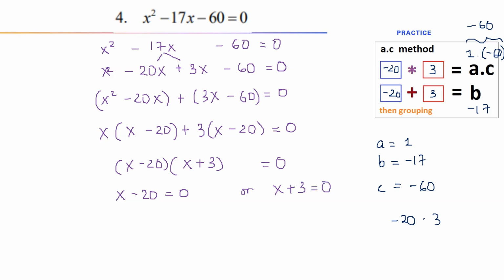Add 20 both sides to isolate x, x equals 20, or x plus 3 equals 0, minus 3 both sides, cancel that, left with x equals negative 3. Solution set is negative 3, comma 20.